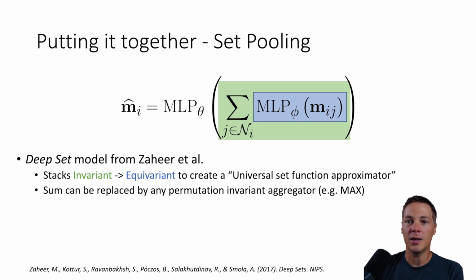But then if you apply a permutation invariant function to that transformed collection, that's this green box here. So they're using a sum, but you could use any aggregator you wanted. And then map that through a different MLP. What you have is the deep set model. And they show that this is a universal set function approximator. So by following this recipe of equivariant plugged into permutation invariant, we can model any function on sets.